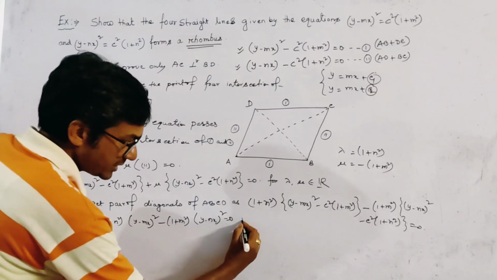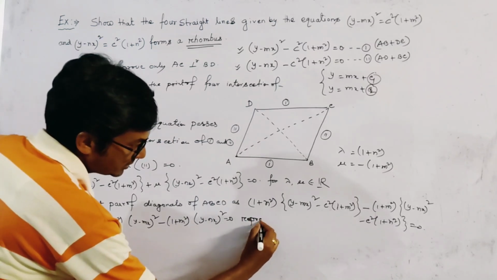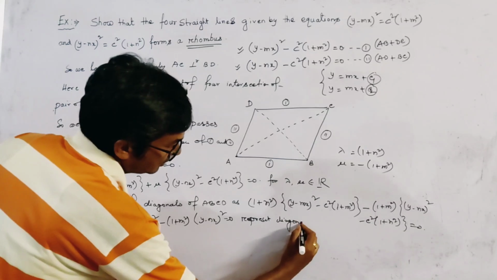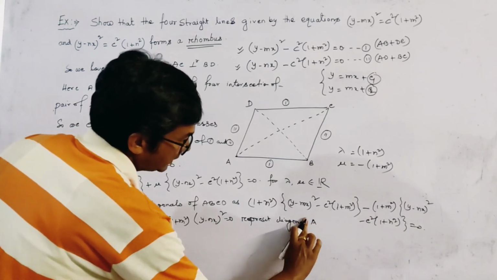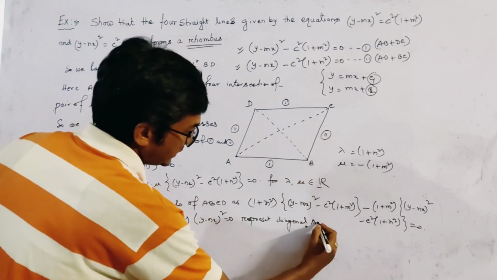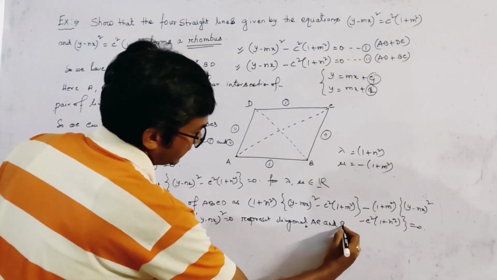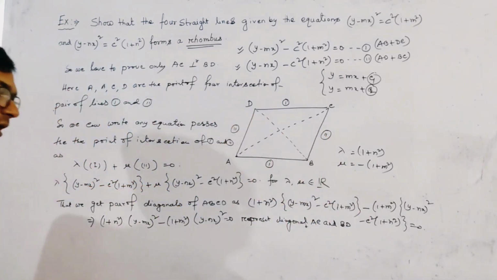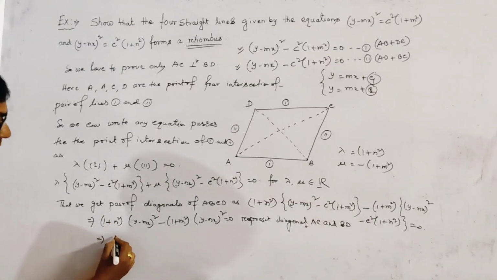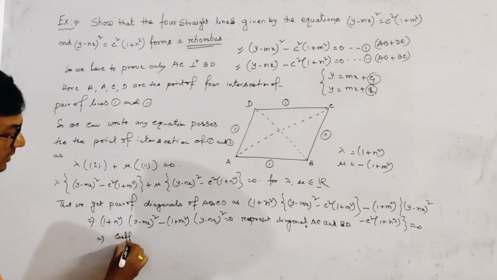This represents the diagonals AC and BD.